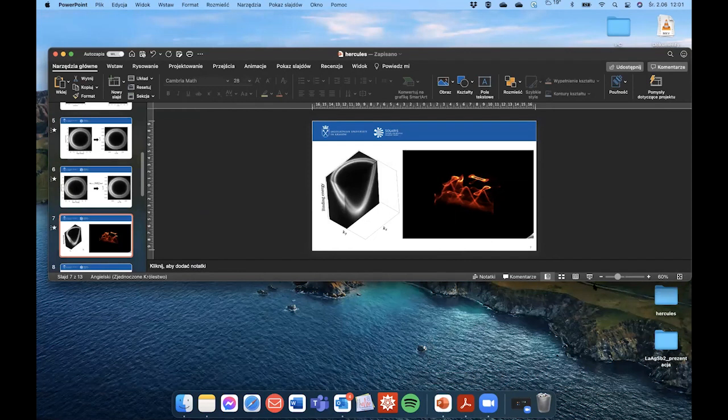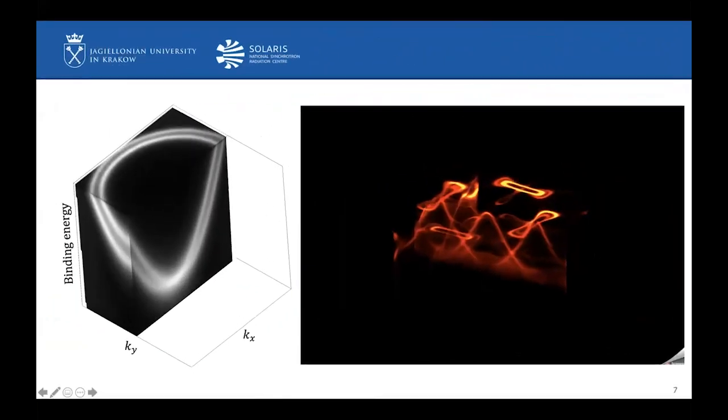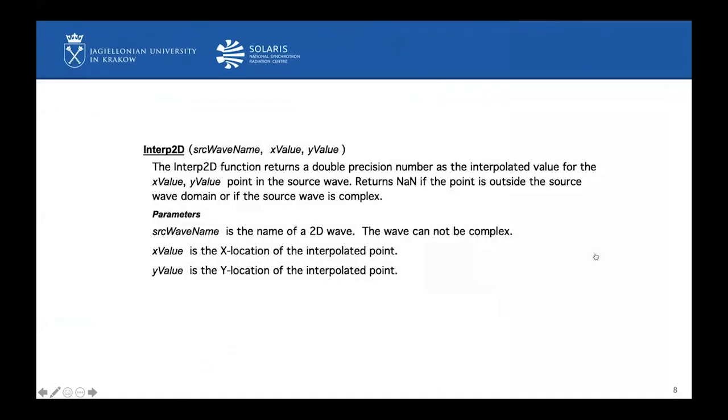Okay, so let me ask the question: how to transform our data without such a procedure? So we will need this command, it is Interp2D. Okay, so let's start from this specific language of IGOR.